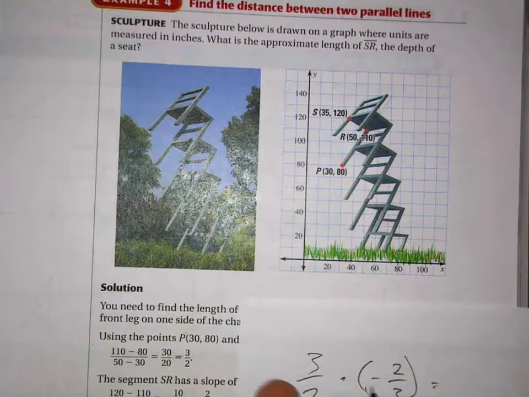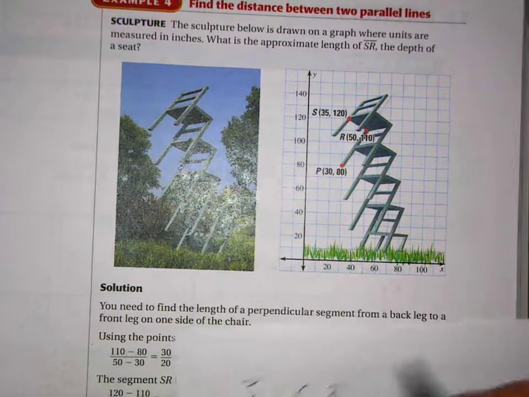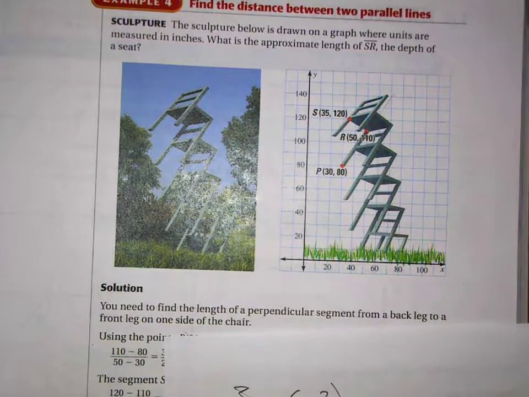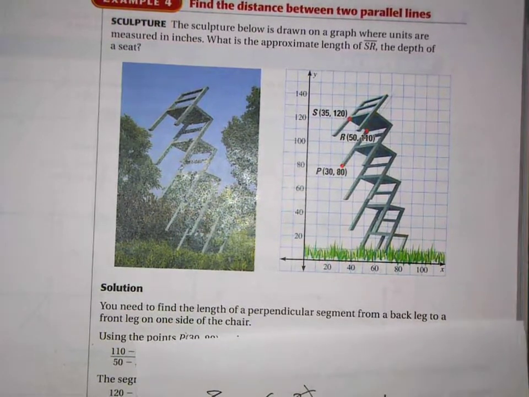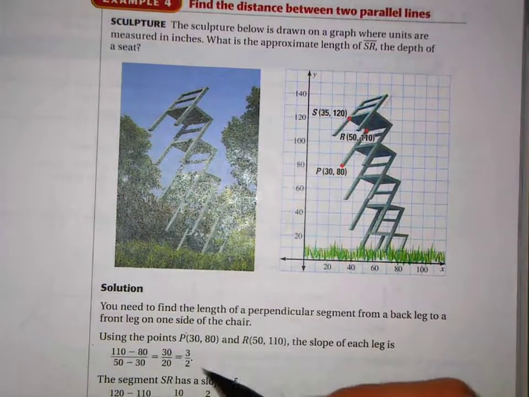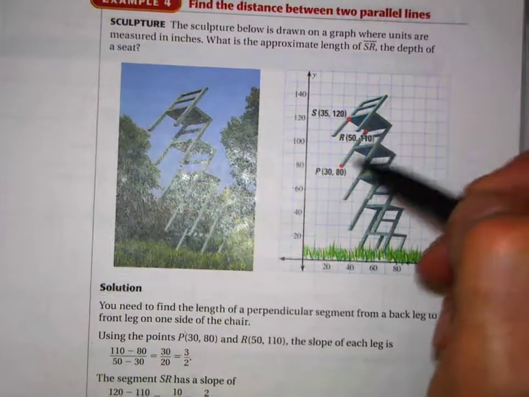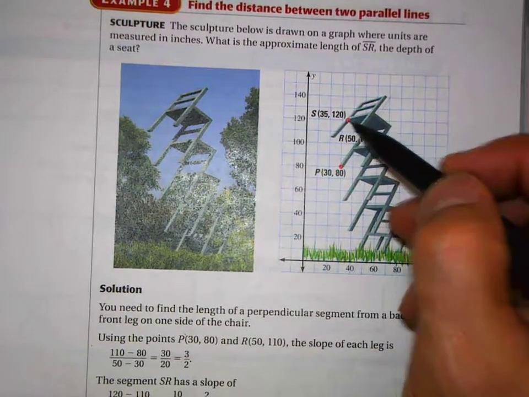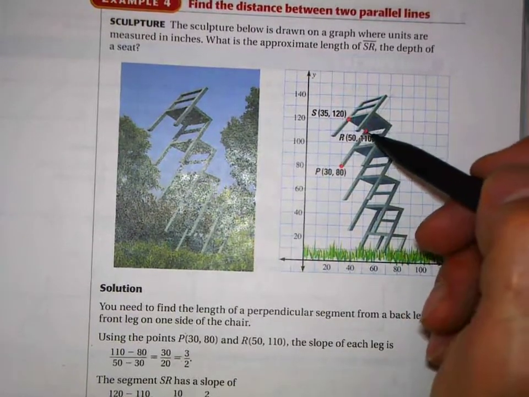Positive times a negative is negative, and the 3's would cancel out and the 2's would cancel out, and we'd be left with -1. So yes, these two slopes are perpendicular. So because this is the perpendicular distance from the point to this line, therefore we can find the distance.